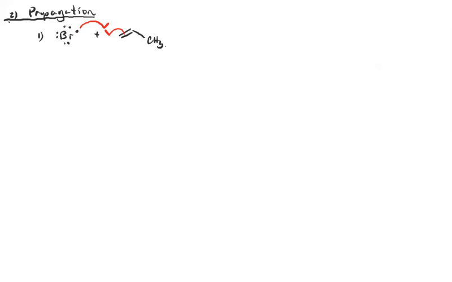And then there's one more electron that was in the pi bond that goes to carbon. And so what you end up with is bromine attached, with a radical at carbon. That is a carbon-centered free radical.